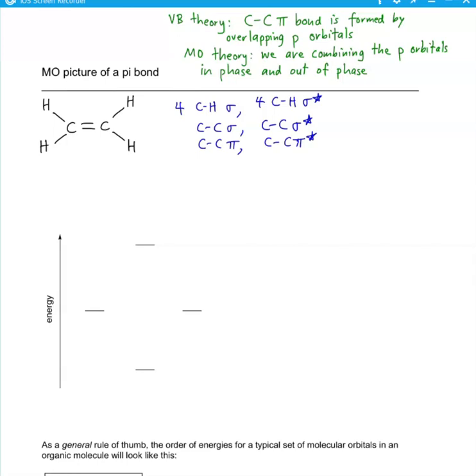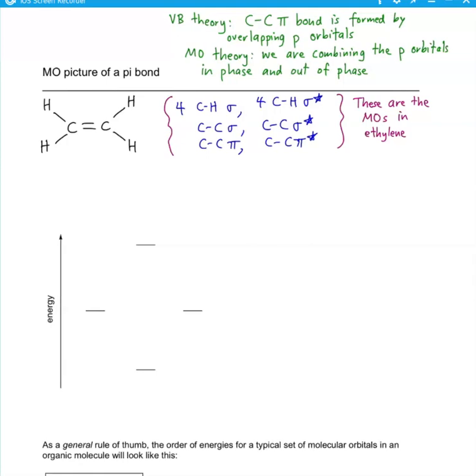So the set that we just drew out, all of these are the molecular orbitals in ethylene. So we just made a list of all the molecular orbitals that are present in ethylene. So these are the MOs in ethylene.